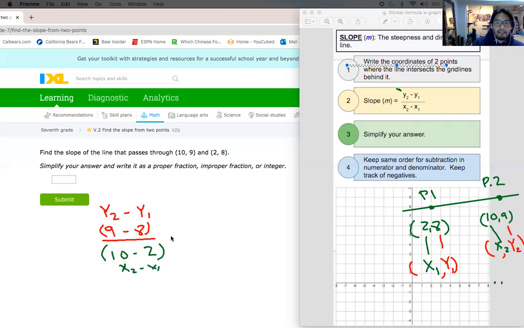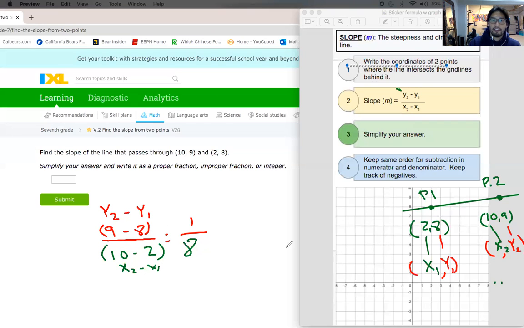And lo and behold, we've got 1 over 8. Nine minus 8, 10 minus 2, 1/8.